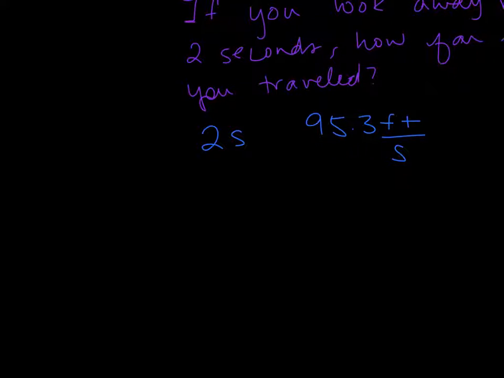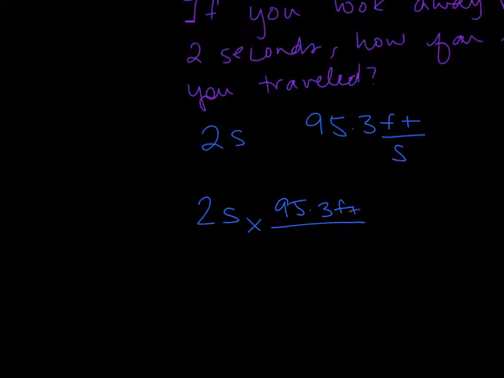So I've got 2 seconds, and then I want to know how far I'll travel, and so I'm looking for feet. And so I know now that seconds has to go down here in the bottom in order to cancel out seconds in the top.